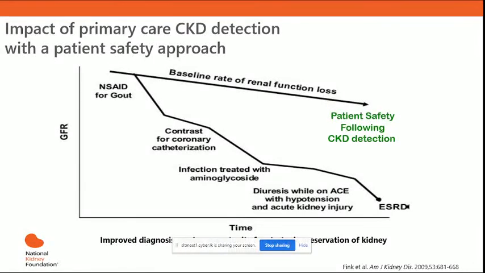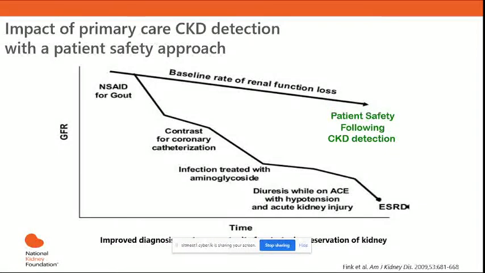But if the patient's CKD is not known to the treating physician, or is overlooked, then what will happen? Say a person has an attack of gout and is treated with NSAIDs, and there is a decline in GFR that may not recover to the original level. Then the same person develops a coronary event and undergoes a coronary intervention without appropriate precautions, and there is some more decline in the GFR.